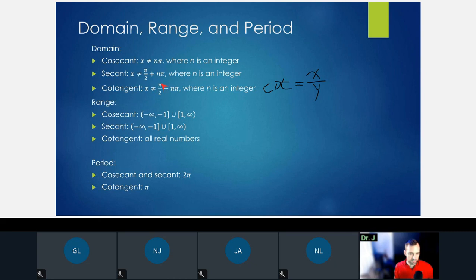This might be a typo. I believe this one should be the same as cosecant. Any of you want to agree with me on that? I would agree. And let's look at my graph. At pi over 2, it is the same thing. Well, no, it's not the same thing. So they're saying when n is 0, we're at pi over 2.